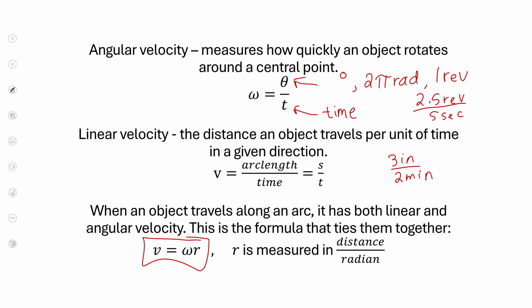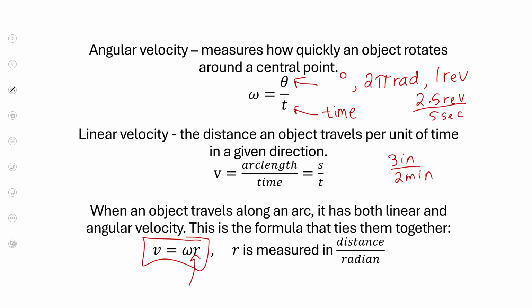When an object moves along an arc, you're going to have to combine both of these 2 things because an arc has an angle, and if you're moving along the angle, you're going to have a linear velocity. So we're going to be combining these 2 concepts. This R stands for radius, and your radius is distance over radians. Okay, we're going to use these 3 equations in an example.